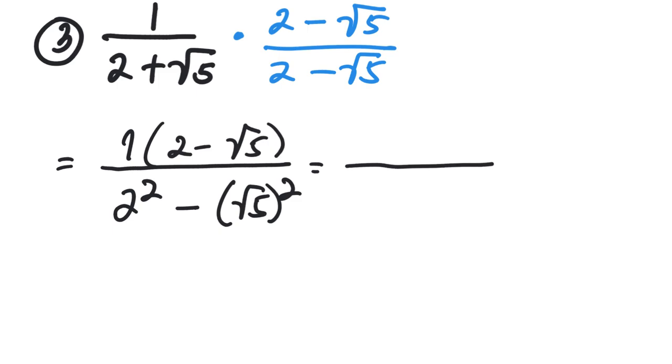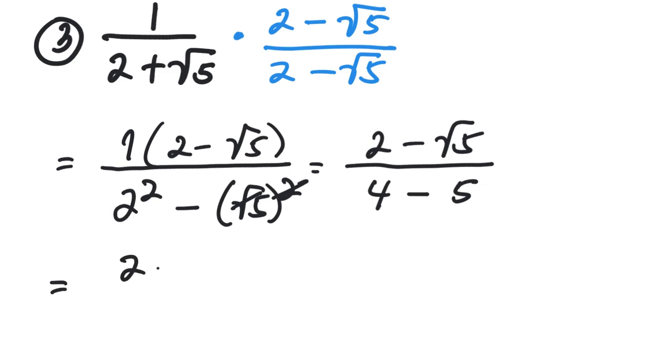Continuing here, 2 minus root 5. This is going to be 4 minus 5 here. Continuing here, that's going to give you 2 minus root 5, and 4 minus 5 is negative 1.